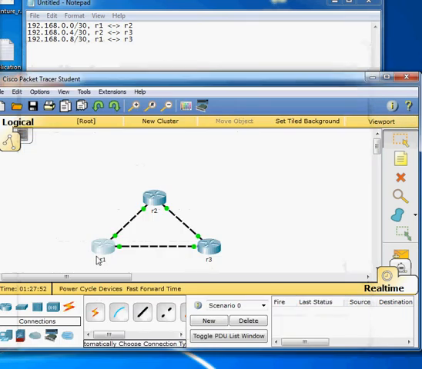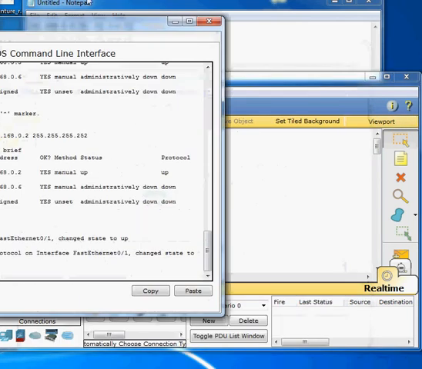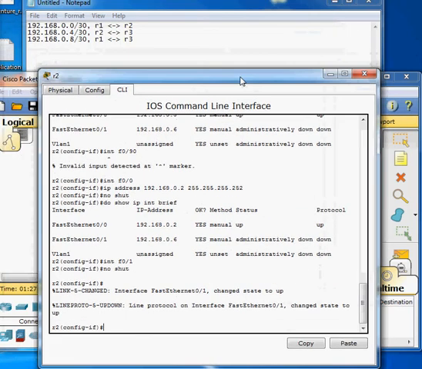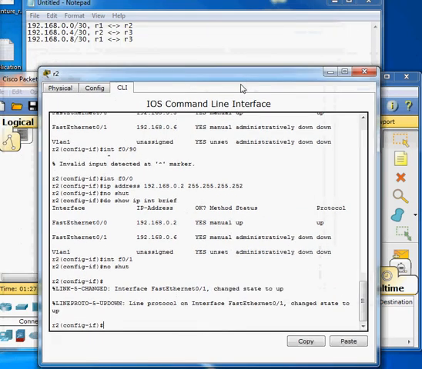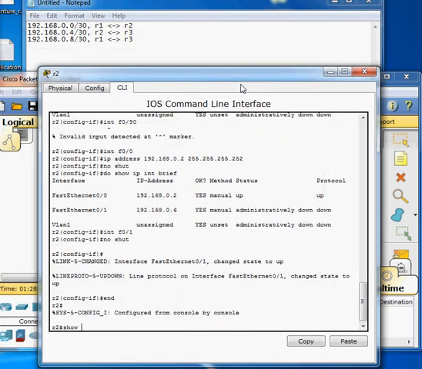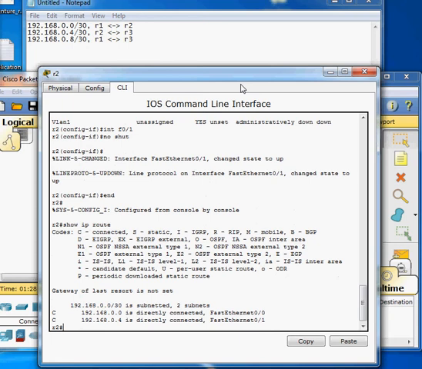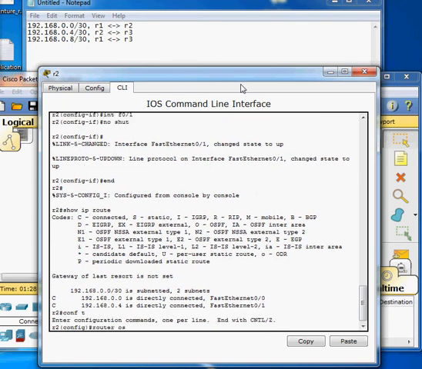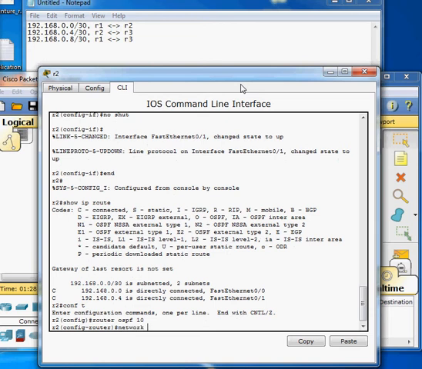So let me go to router 2. Again, I'm going to do show IP route to see what networks I need to advertise. Config T router OSPF 10. I'm going to do 168.0.0. These are all going to have the same wildcard mask.